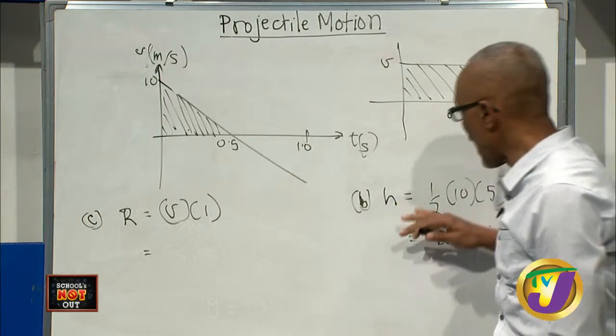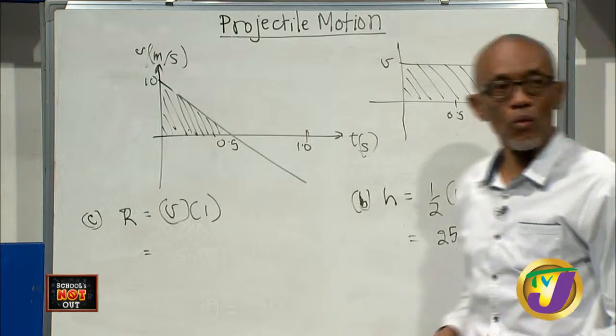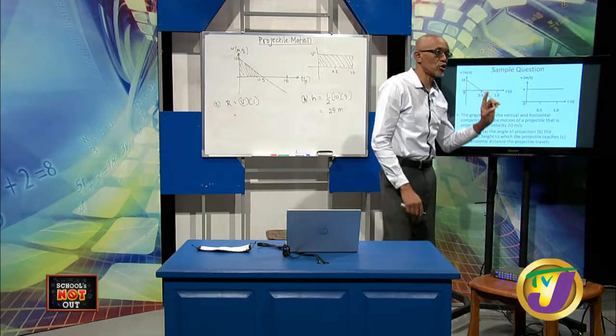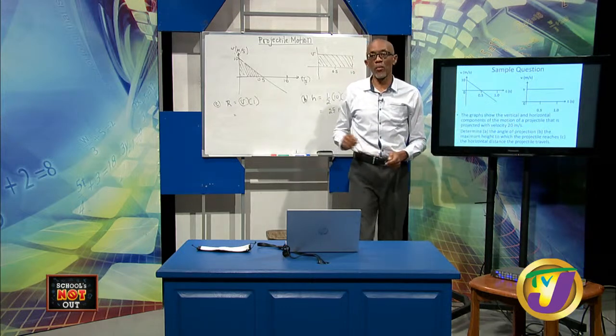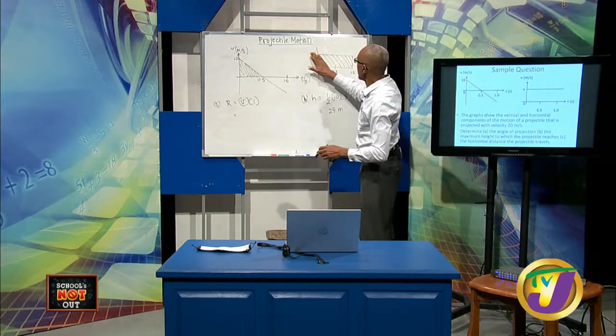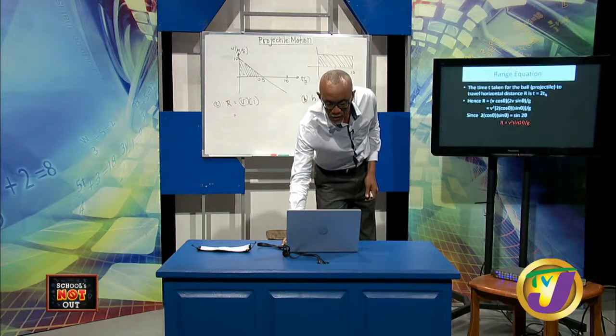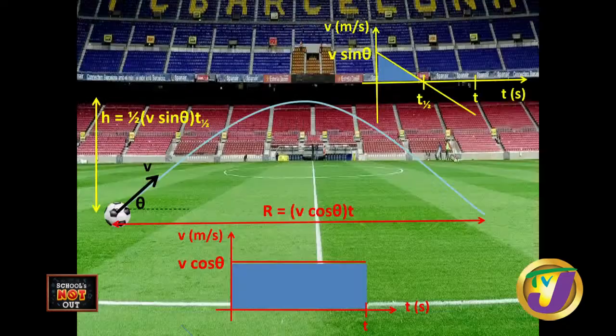Now, in order to find out, we'll have to find a value for v. But remember, the angle of projection worked out to be 30 degrees. And remember, we said that this here on the graph, if you remember, I'll go back a few paces. V cos theta.